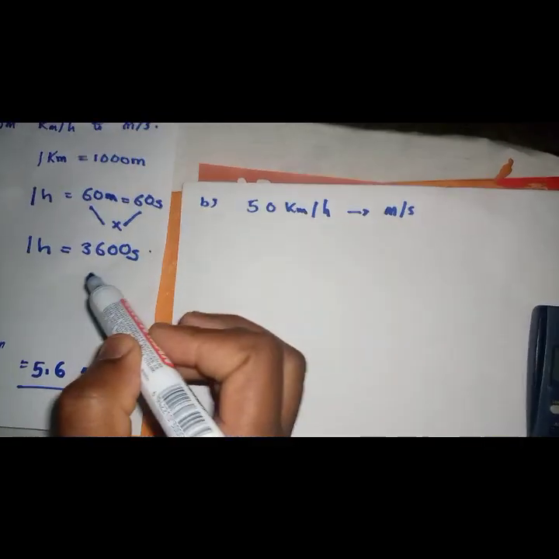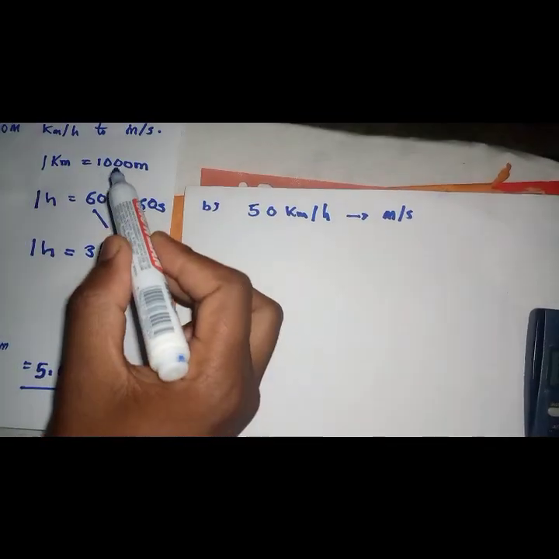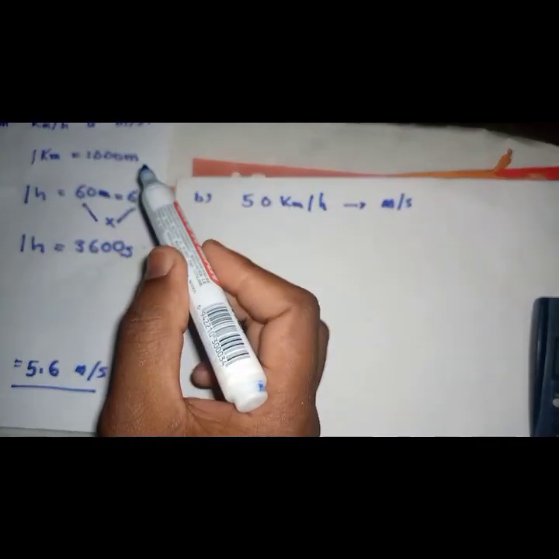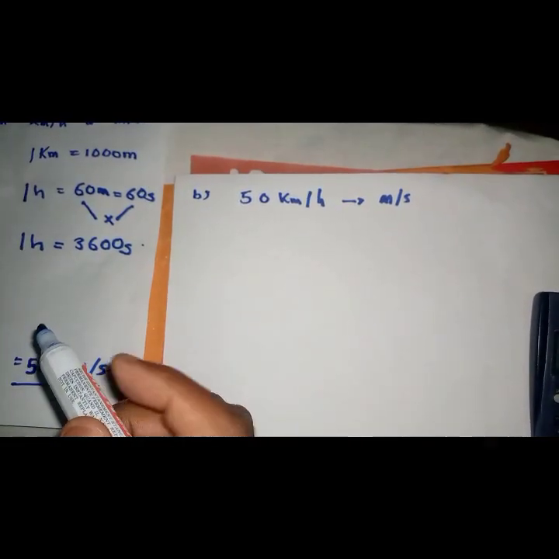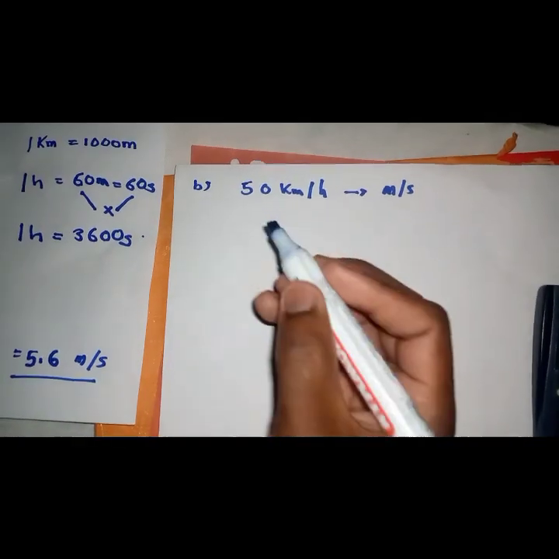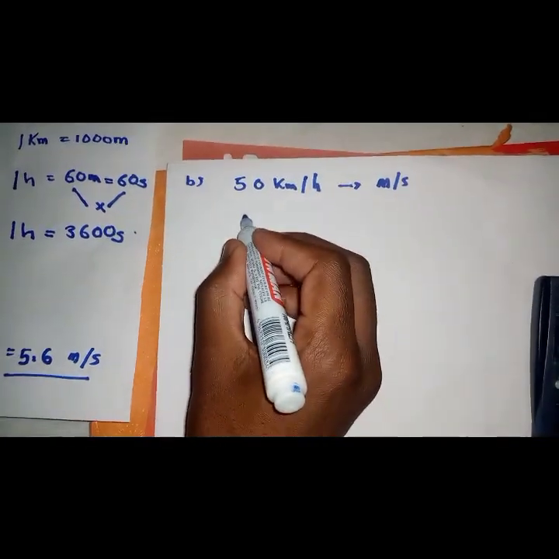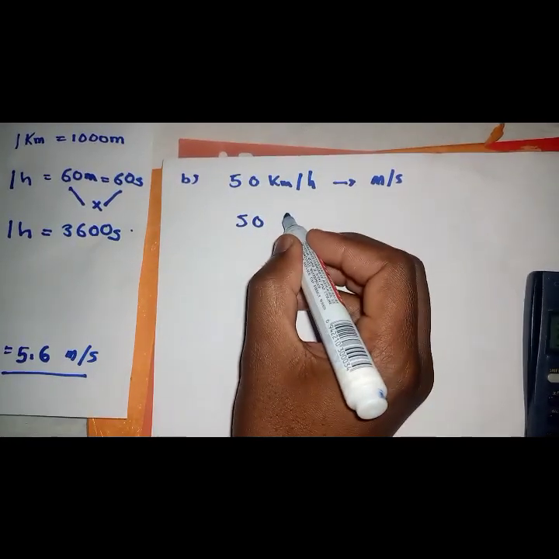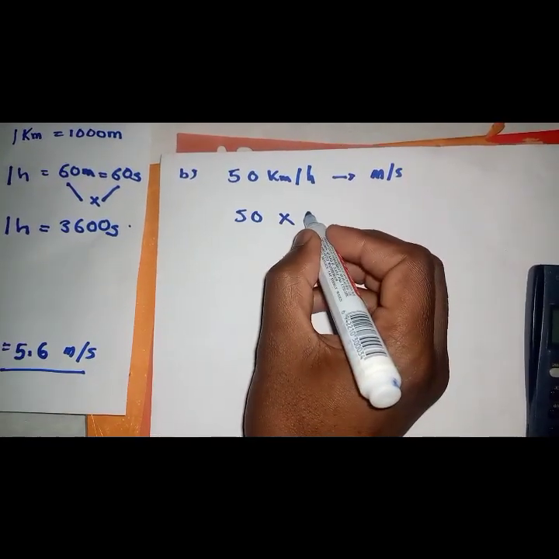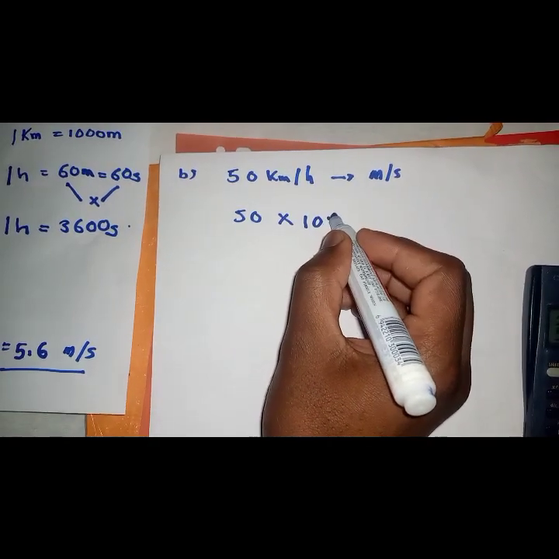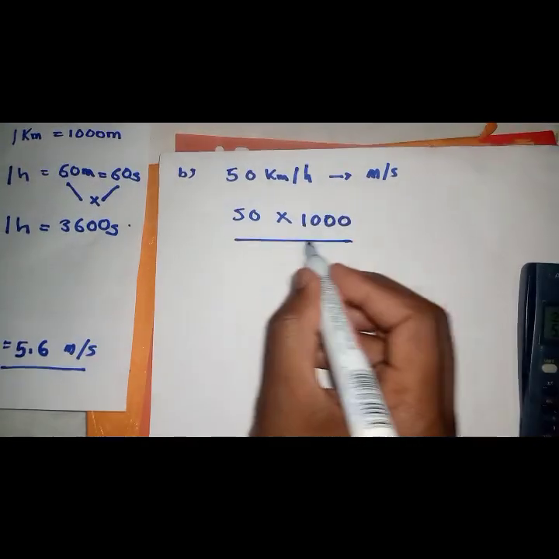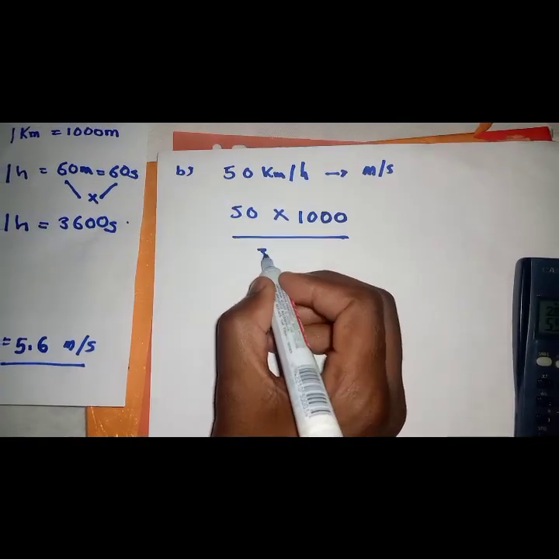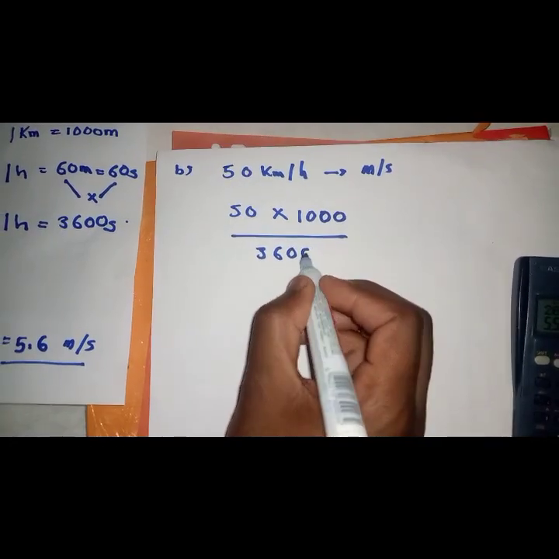Okay, so this is our B here, and I want us to remember our converting factors. We know that in 1 kilometer there are 1,000 meters, and in 1 hour there are 3,600 seconds. So let's just do what we did on A. We're going to have our 50 kilometers converted to meters by multiplying them with 1,000, and then divide by 3,600.